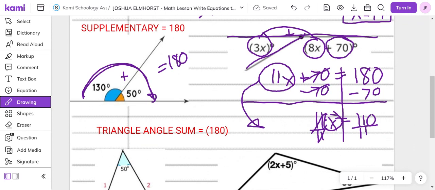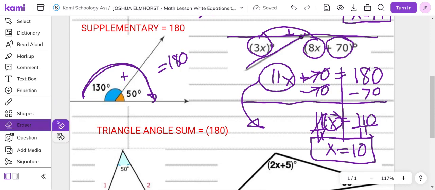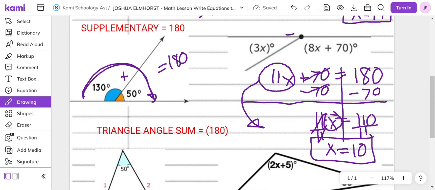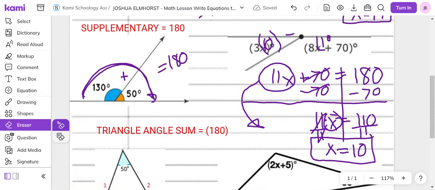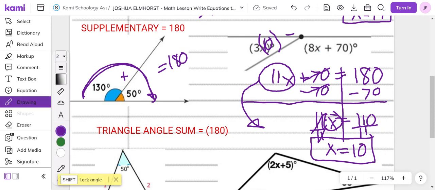Now we have x is equal to 10. And we can go back up into the equation, put 10 in there for x. Then we can determine what the angle measures are.